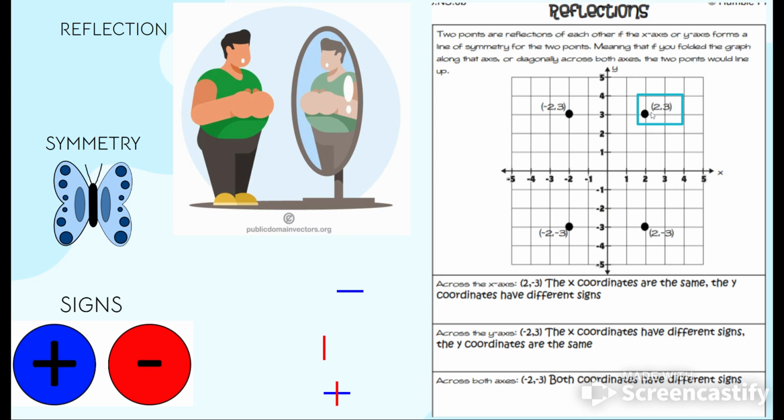We are going to reflect this point 3 different ways. The first way we're going to reflect it is across the x-axis. So think of this coordinate plane as a piece of paper, and if we were to reflect it across the x-axis, we're going to be folding along the x-axis line.